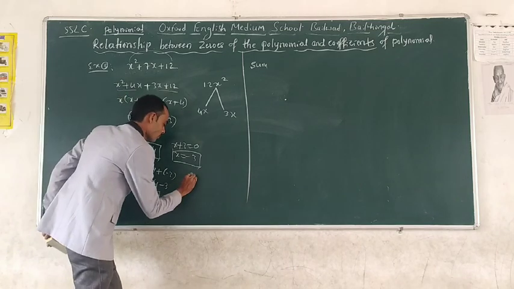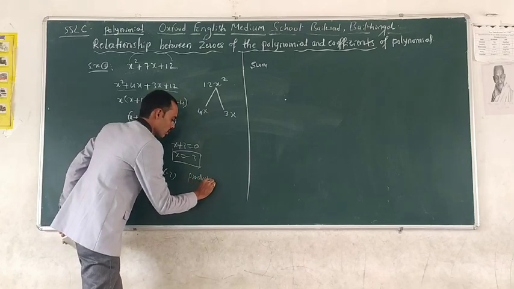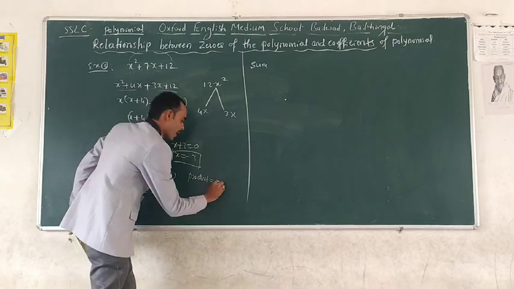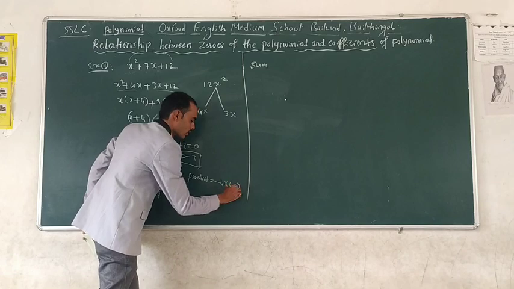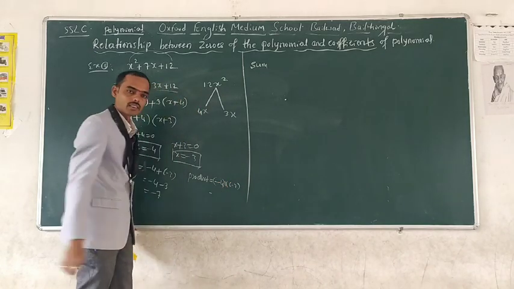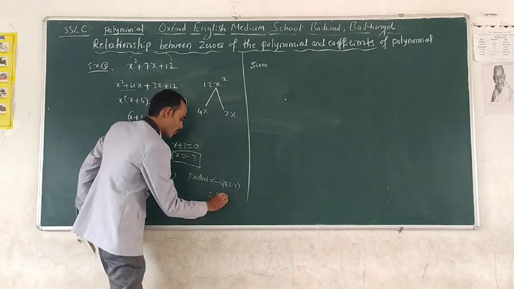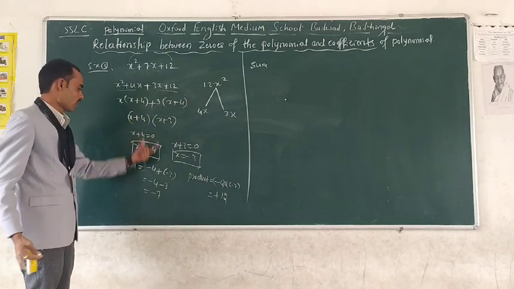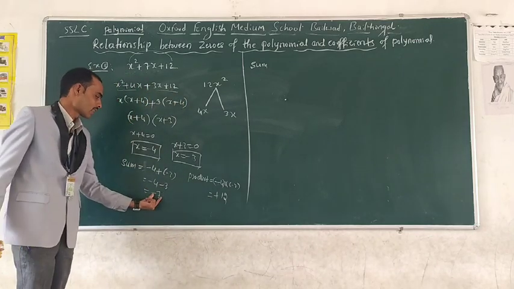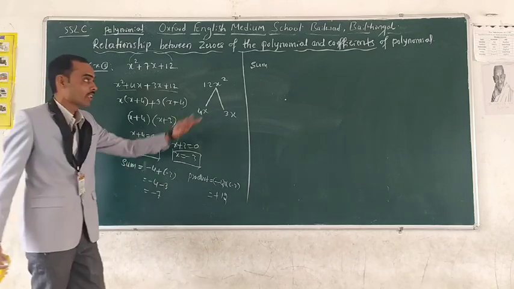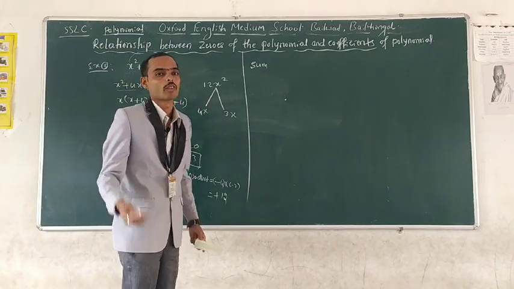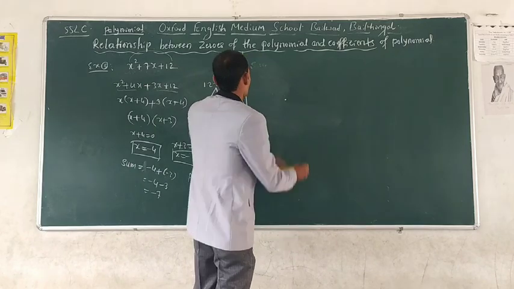Then the product is equal to minus 4 into minus 3. Minus into minus is plus, 4 threes are 12. By using the zeros, the sum and product are minus 7 and plus 12 respectively. Then we have to relate with the formula by using the coefficients.